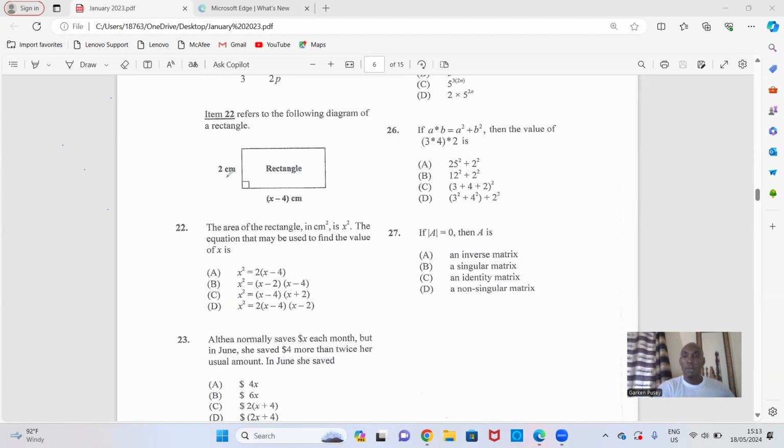It's length multiplied by width. So it's going to be the 2 multiplied by x minus 4. So we can write this as, let me type it. We can write it as 2 multiplied by, so we can use a bracket, x minus 4. And they did say that the area is equal to x squared.